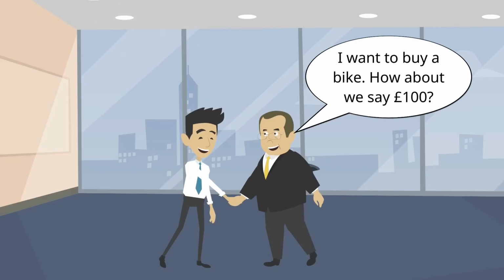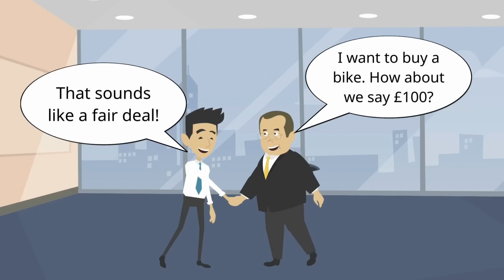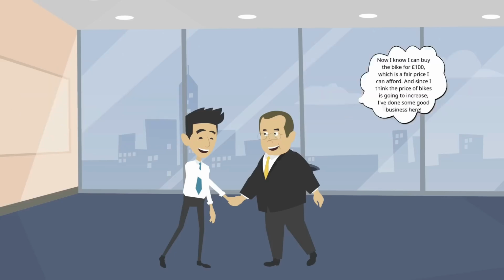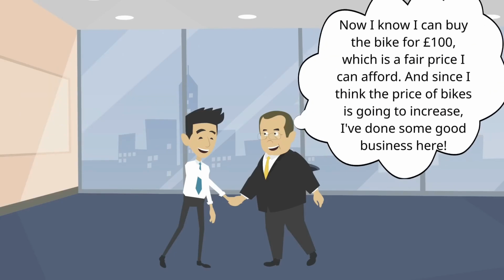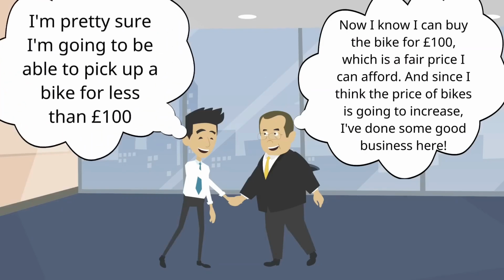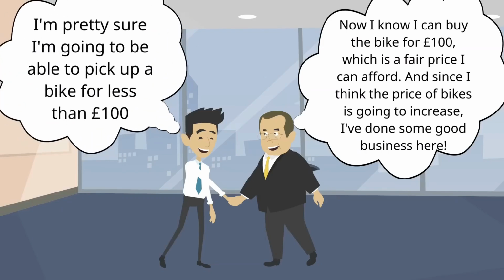I want to buy a bike. How about we say £100? That sounds like a fair deal. Now I know I can buy the bike for £100, which is a fair price I can afford. And since I think the price of bikes is going to increase, I've done some good business here. I'm pretty sure I'm going to be able to pick up a bike for less than £100.